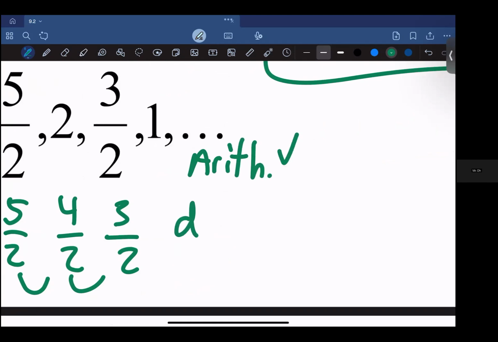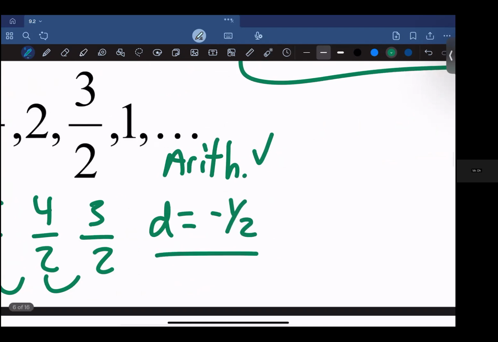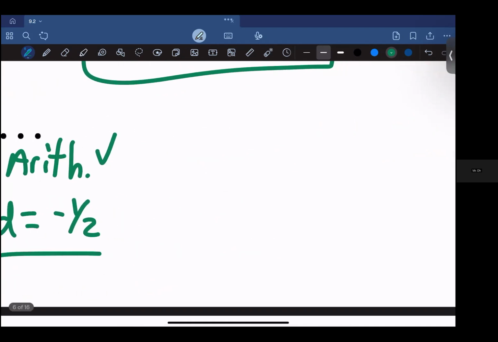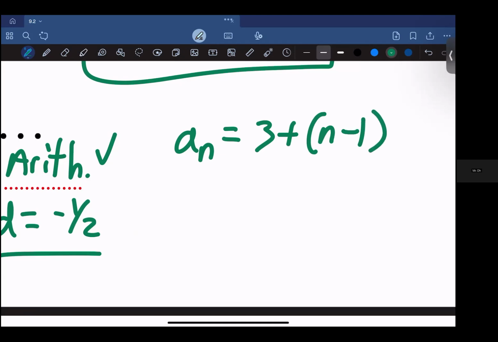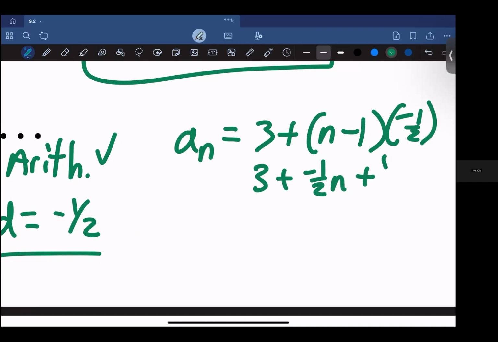So then I would just write down, what is the common difference? That is going to be minus 1/2. And now to create a formula for us, we have a of n equals the first term, which is 3, plus n minus 1 times the common difference of negative 1/2. Why don't we distribute that out? That gives us 3 plus negative 1/2 n plus 1/2.